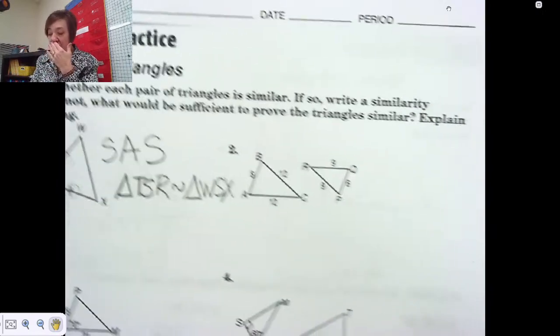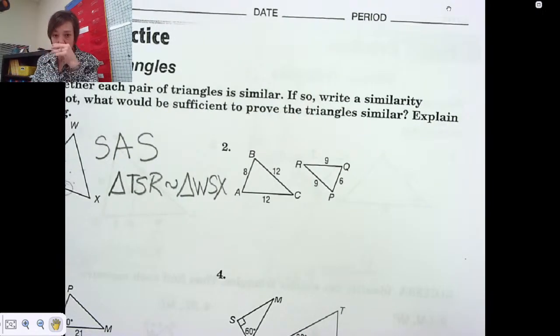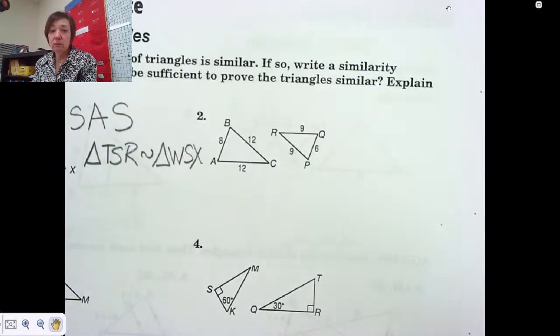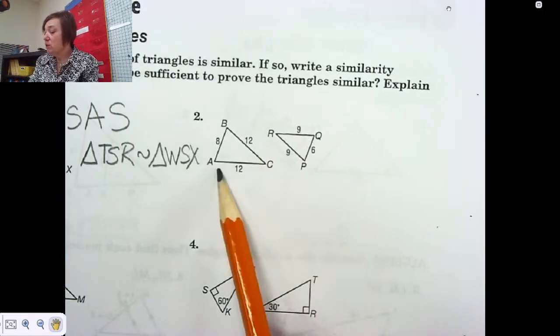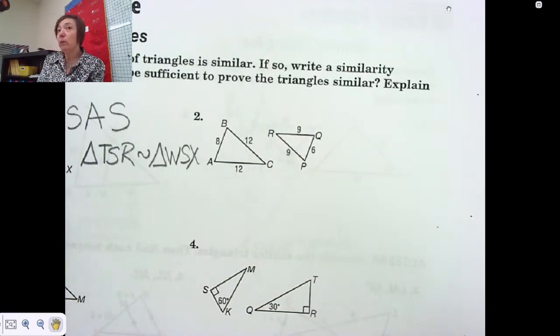Okay, if we look at number 2, what information did they give you there? What information do you have on number 2? Just sides, right? We don't have any angles here. That tells us right off the bat that if we're going to prove these two triangles are similar, we will have to use side.